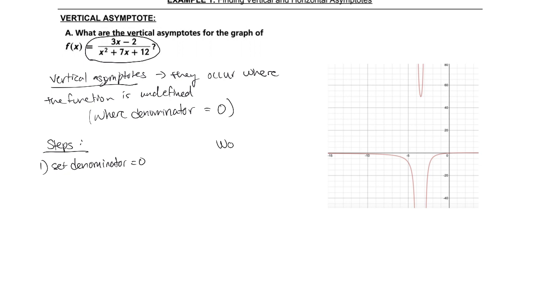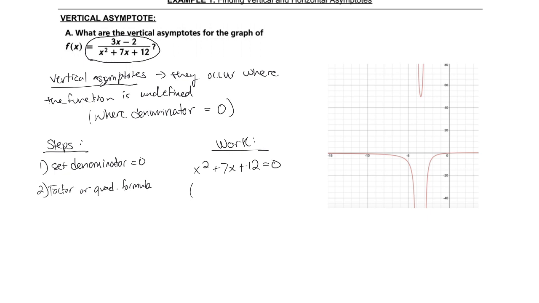Right, so x squared plus 7x plus 12 equals 0. Now, step 2, you can factor, or if it doesn't factor, use the quadratic formula.